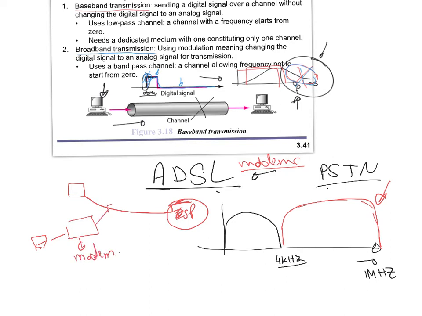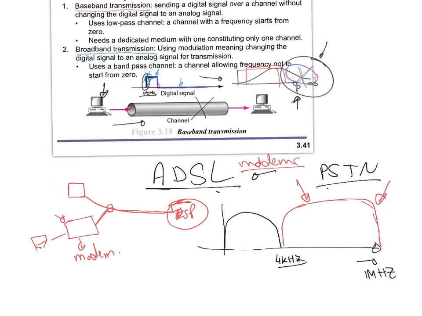And from this modem, we will use some kind of a splitter like this, or mixer, that converts our data into a digital signal, and then the modem converts the digital signal to analog signal in this range above 4 kilohertz. And then we transfer this over the same telephone line. And this was a brilliant idea, by the way, and we used to use ADSL until very recently, until the fiber infrastructure has been built.